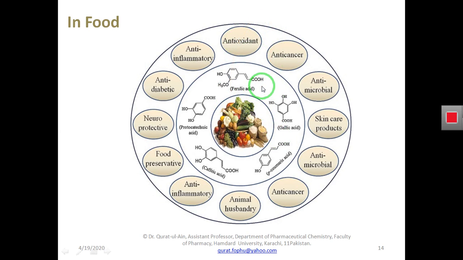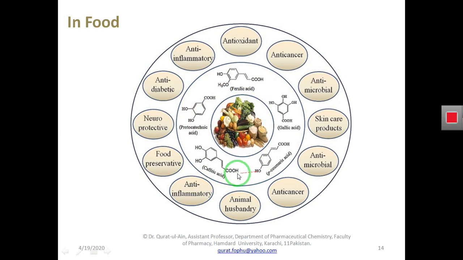However, in food, ferulic acid, gallic acid, p-coumaric acid, caffeic acid, and protocatechuic acid, all these are derivatives of phenol.